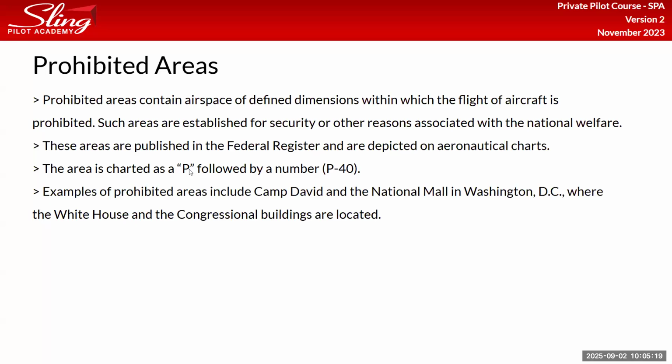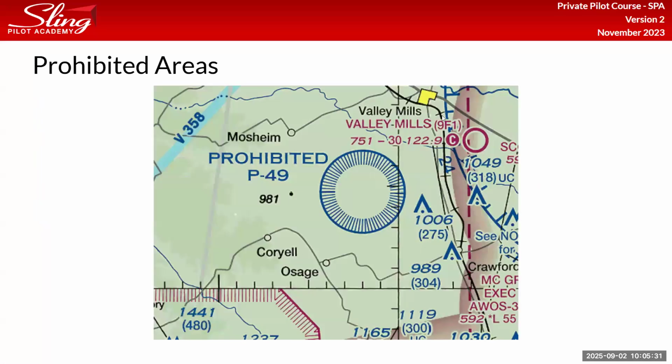But the biggest thing on the chart, it's going to be charted with a P followed by a number, so P-40-20, whatever it is. And do you have a picture? Good. It's not always gonna be a perfect circle like this, but whatever airspace it's covering, it's gonna be a solid blue line with teeth inside of it.